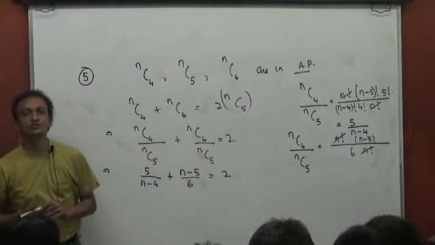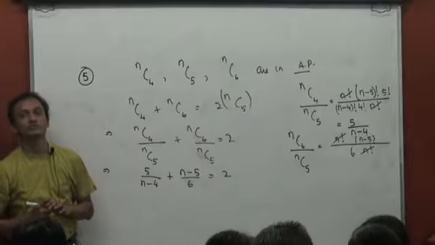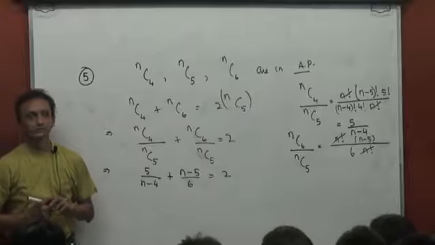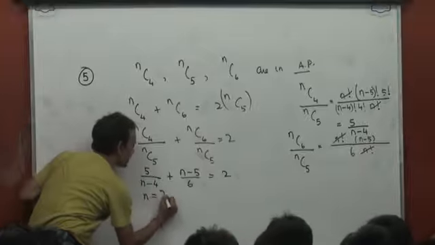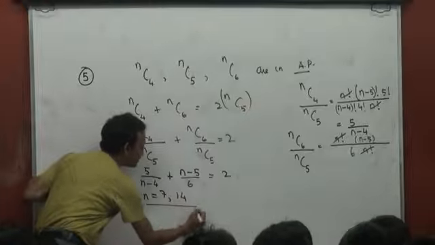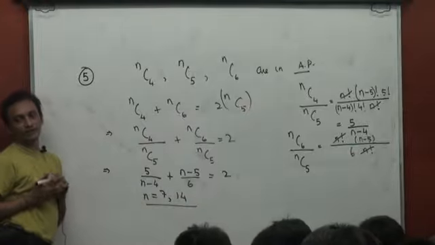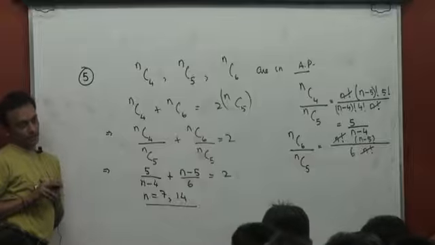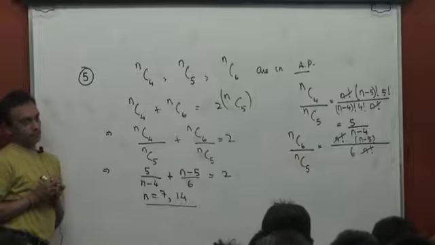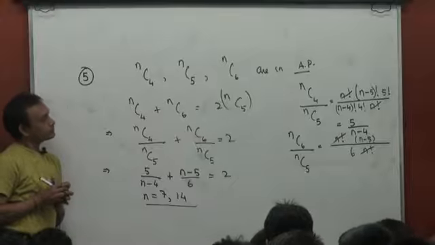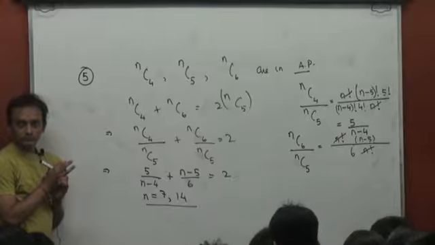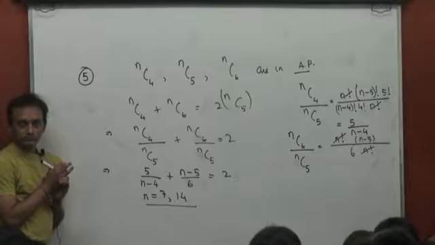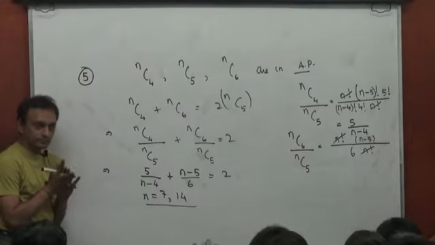Multiply, solve for this quadratic in n and tell me what you get for n. 7 and 14. Alright, so n turns out to be 7 and 14. Two permissible values of n, 7 and 14. Right? Got me?